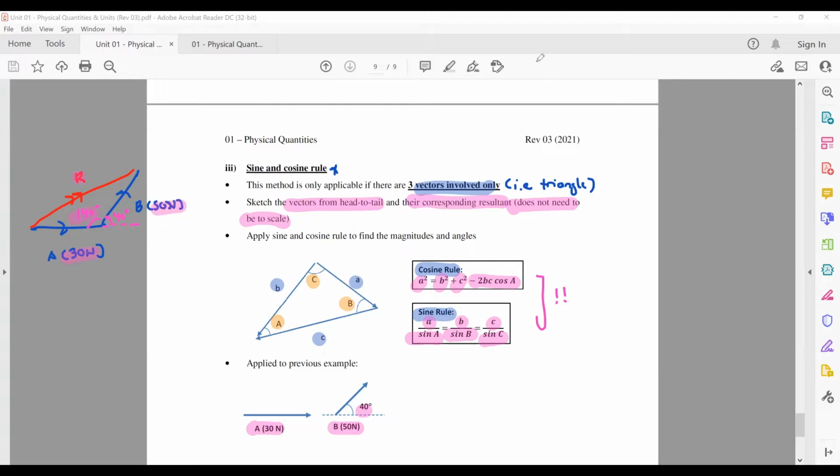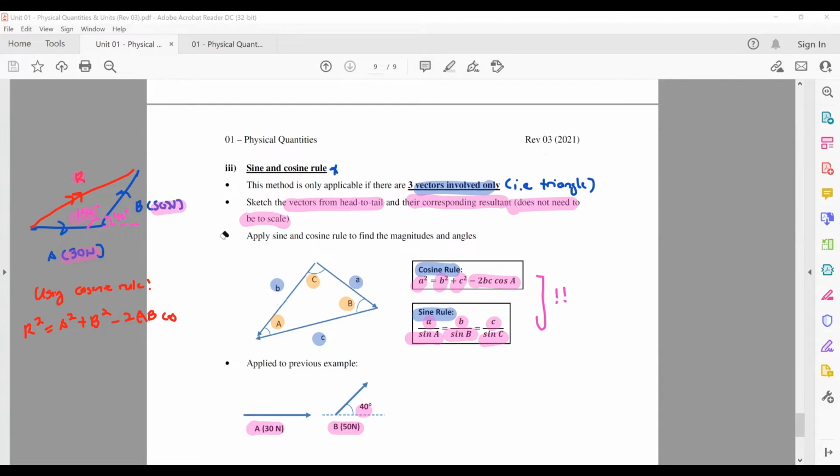So using cosine rule, R squared is equal to A squared plus B squared minus 2AB cos 140.